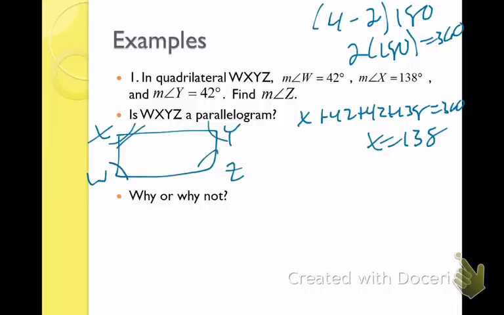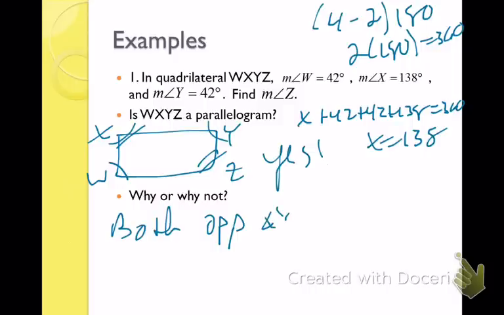Angle X and angle Z are congruent. So is this a parallelogram? Yes, it is. Why? Because both pairs of opposite angles are congruent, and that makes this a parallelogram. That little double arrow means implies that this is a p-gram. So that's how we know.